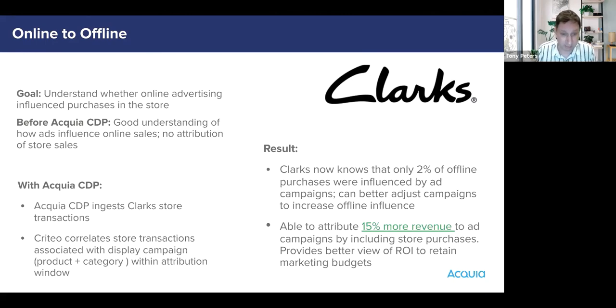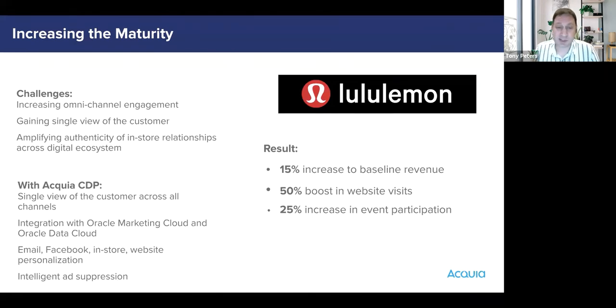They were able to adjust and give those insights to get it working better. They were able to attribute 15% more revenue to ad campaigns, including store purchases, and get a better view of the return on investment. So they started off by just bringing in a few data points and starting to get real results from there. And then we start to get more mature.